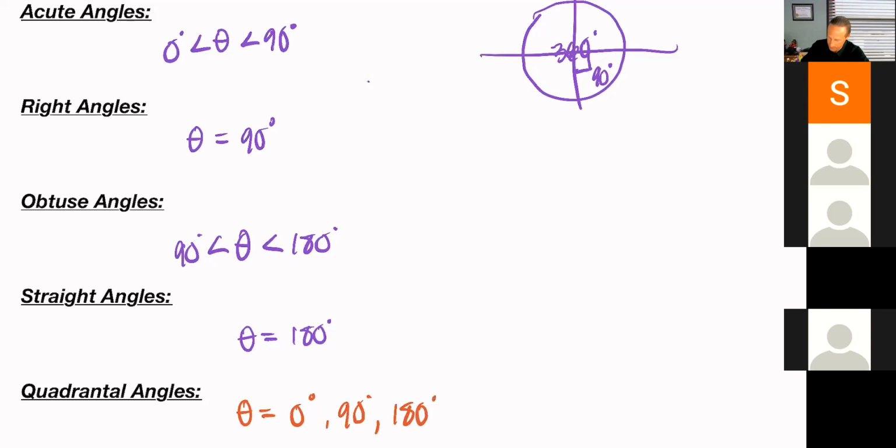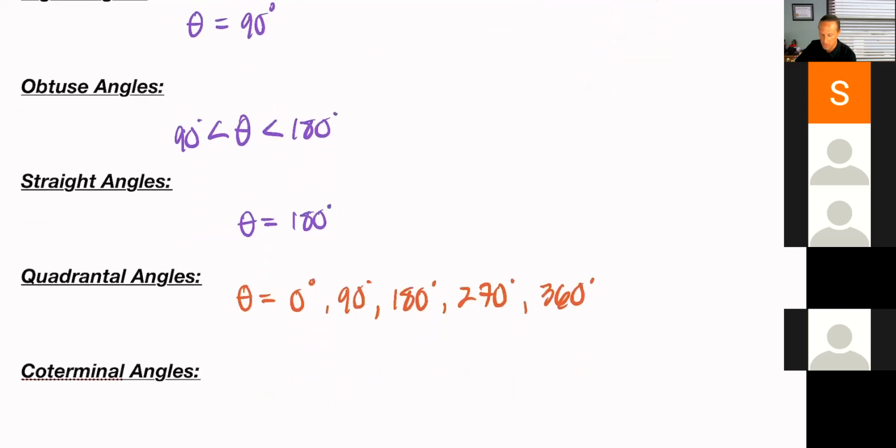Then what? 270. Good. And lastly, to get all the way around? 360. That's right. So this point is actually either 0 degrees or 360 degrees. It's the same. But sometimes they don't like us to include 0 because it's easier to use 360 or vice versa. Okay, very good. Those are called the quadrantal angles.